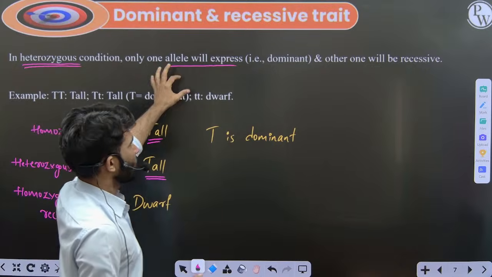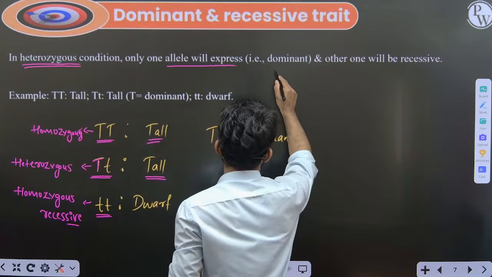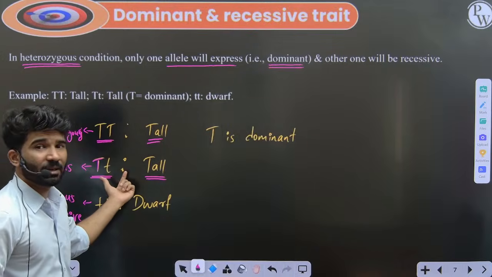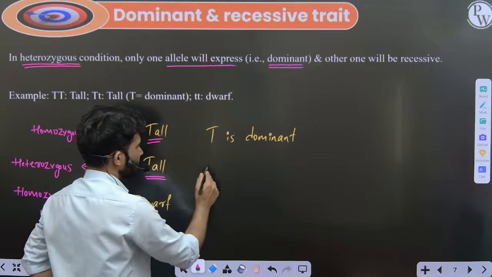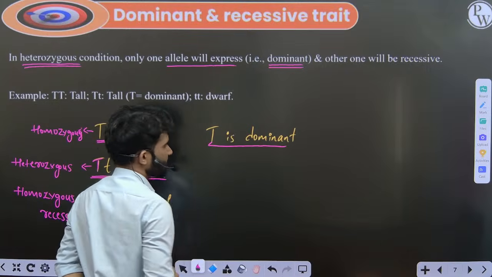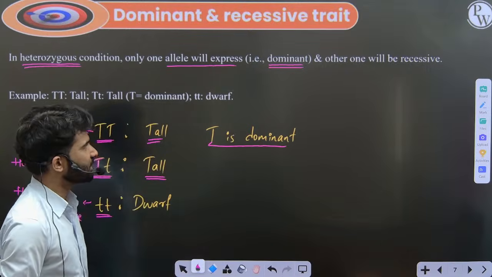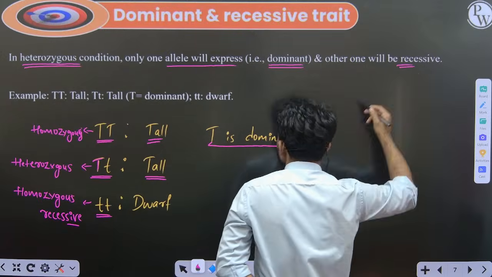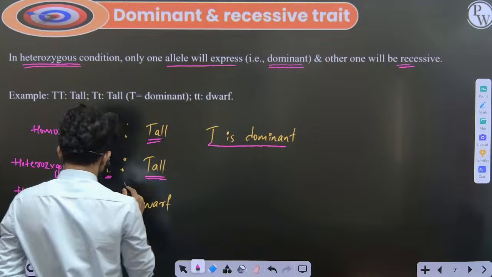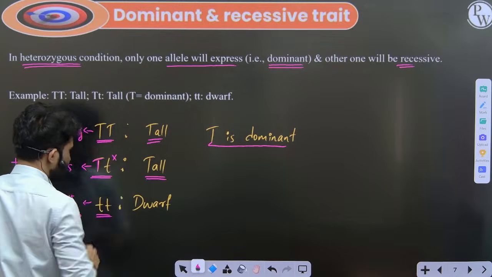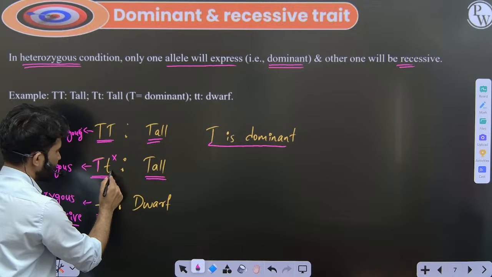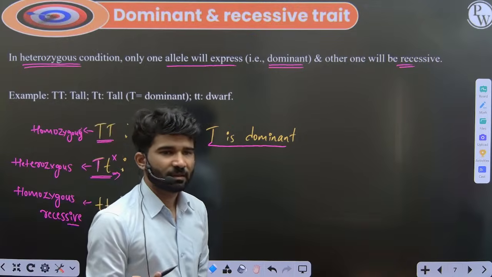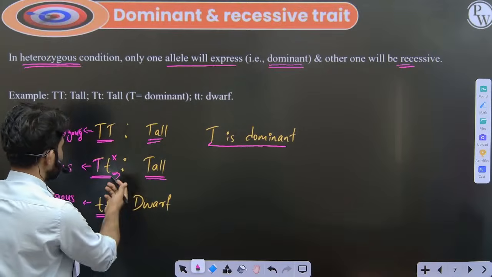The allele that expresses is called dominant, capital. And the other one will be recessive. The allele which does not express itself is called recessive, so that is also called the recessive trait here.